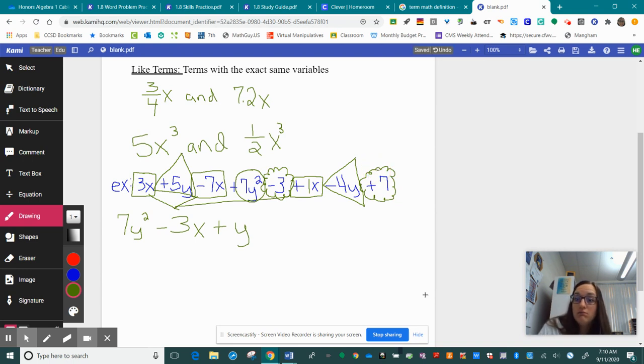They don't have variables. And it's like we've been doing this our whole lives. We've combined like constant terms all through elementary school. We've done, well, maybe not -3 + 7. We've done that since last year, though. So -3 + 7 would give us a +4. Ta-da! So that is combining like terms.